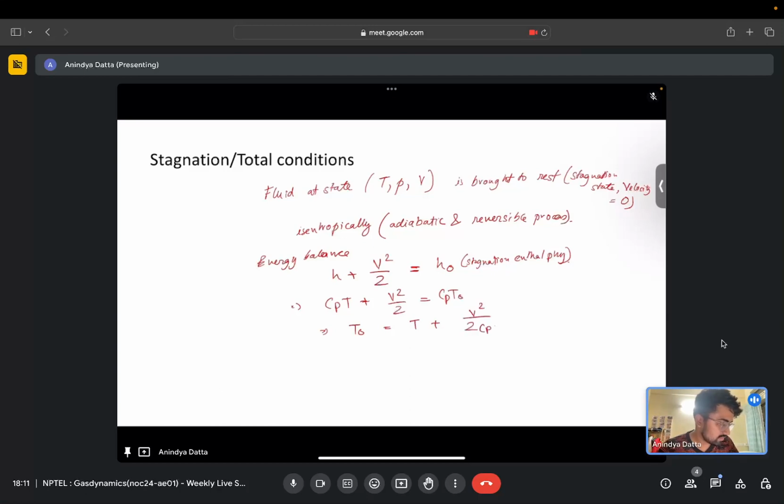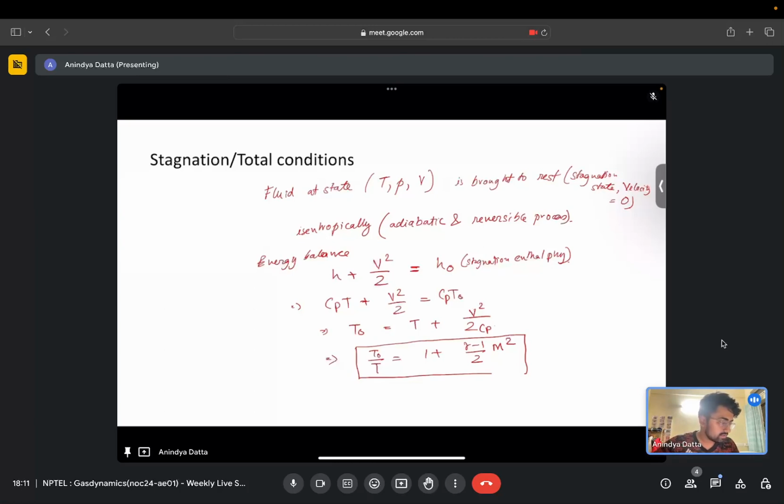Now if we do some algebraic manipulation, put the value of Cp in terms of R, and write the velocity as Mach number times the speed of sound, the final form we get is T0 by T is equal to 1 plus gamma minus 1 by 2 M square. This is the ratio of stagnation temperature to static temperature at a point.